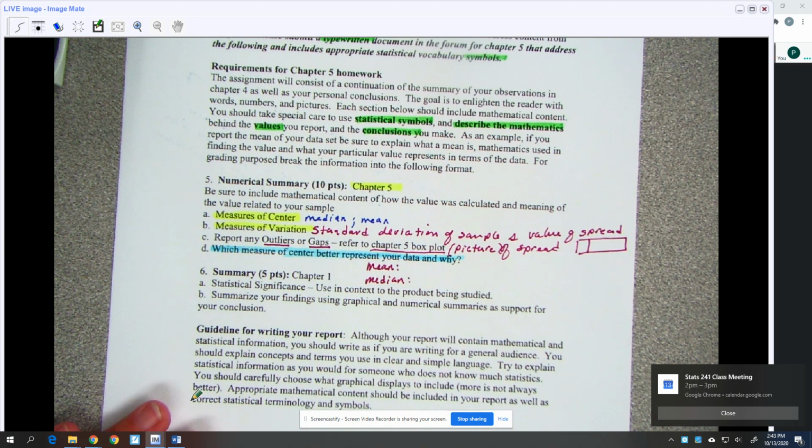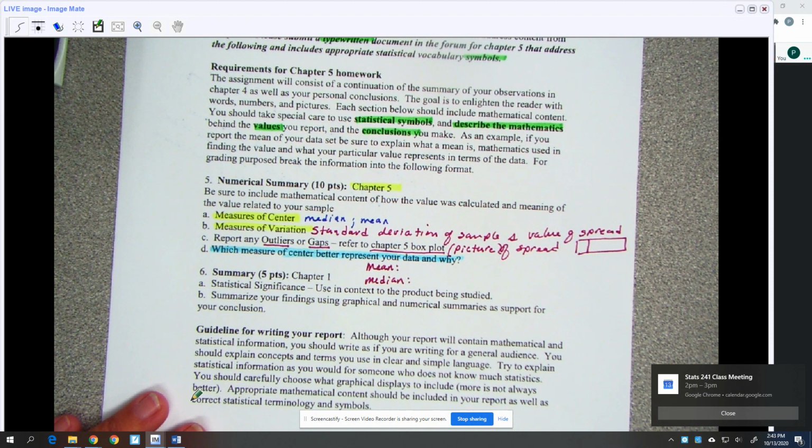So each product could have a different one, not each person in the project, but each type of food item that you have in the different groups. One group could say the mean, like maybe Mini Oreo says the mean is the best. Okay, Chips Ahoy might say the median is the best, and both could be right.